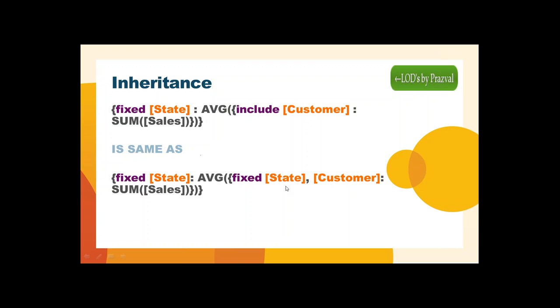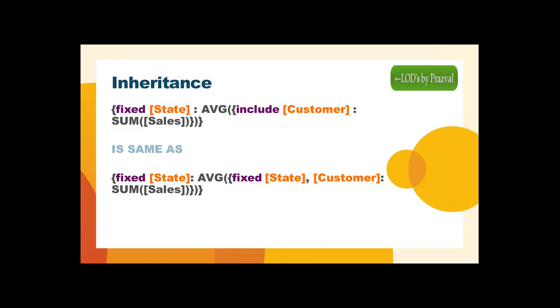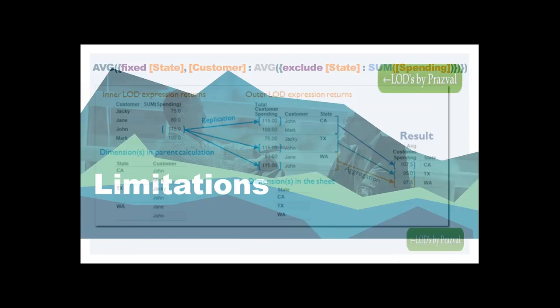Whereas in this expression, it is going to use state-wise, customer-wise sum of sales, and on the output we are taking the average. It is going to find out the state-wise average of sum of sales given by the combination of both state and customer. So it is the nesting of the LODs. It is an internal expression.